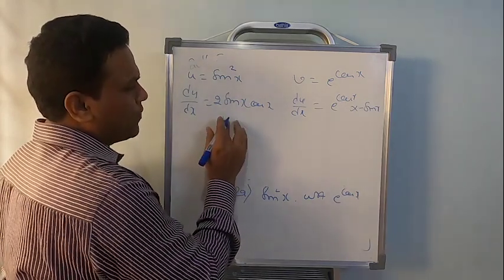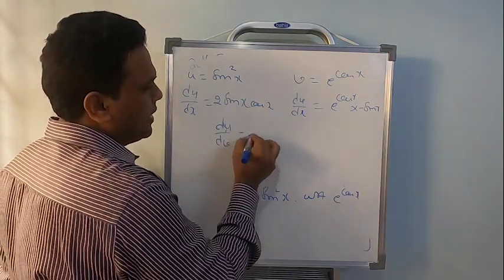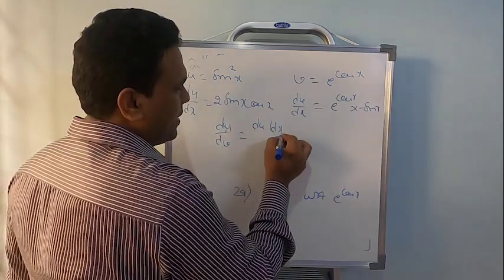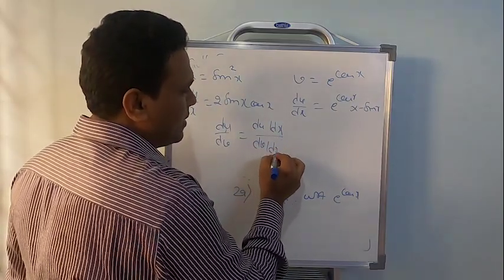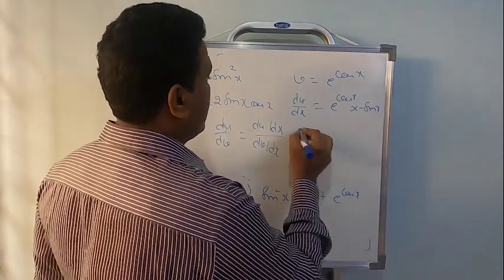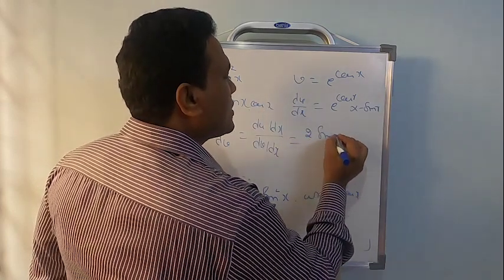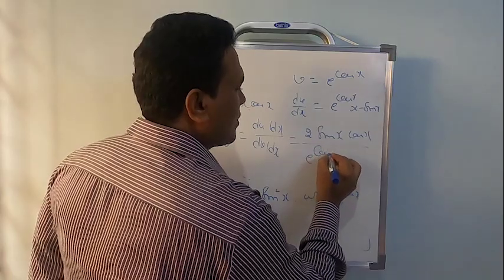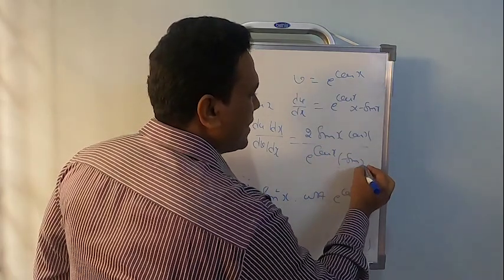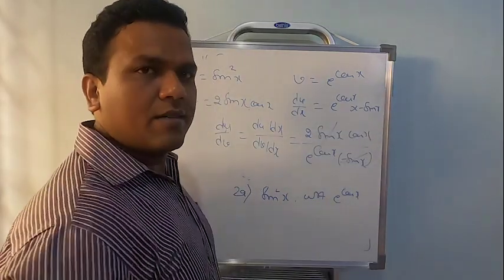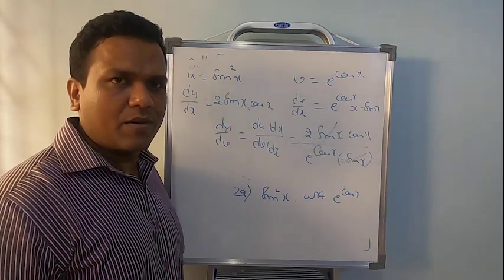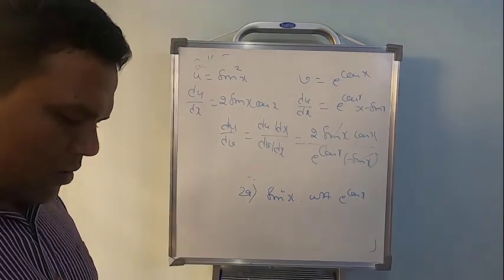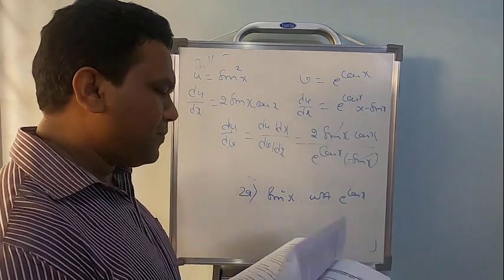So what's the formula of du by dv? du by dv will be du by dx by dv by dx. We have written here 2 sin x cos x divided by e power cos x multiplied by minus sin x. Eliminate sin x, the remaining will be the answer. Clear? Okay, students, now let's move to the next.